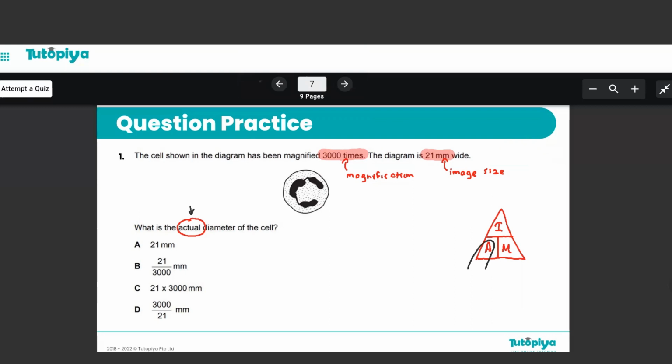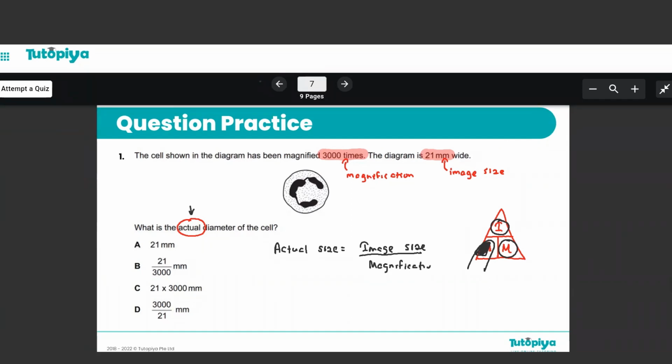And what are we left with? Image size over magnification. So I'm going to write that down: actual size equals image size over magnification.